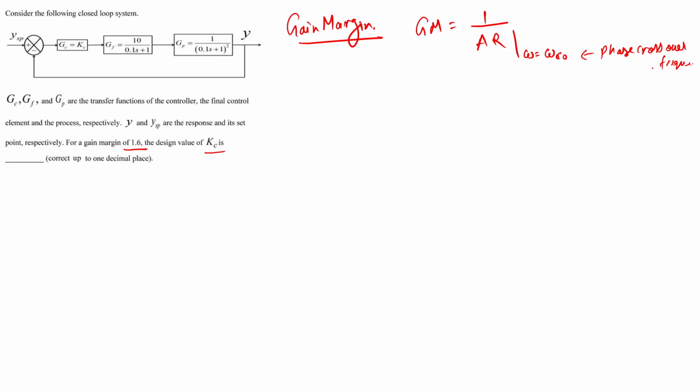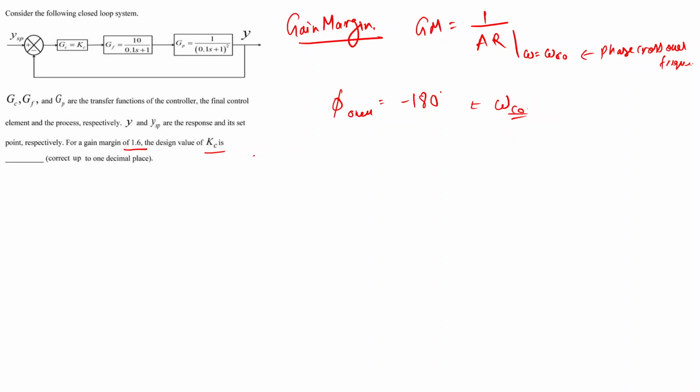And we define this phase crossover frequency by equating the overall phase lag, phi overall, with minus 180 degrees. That is the frequency at which the overall phase lag is minus 180 degrees is this crossover frequency. So to find the gain margin, first we have to find this crossover frequency. So we will do that.